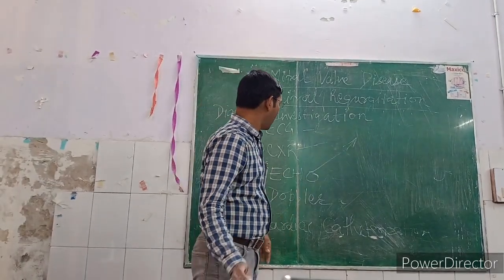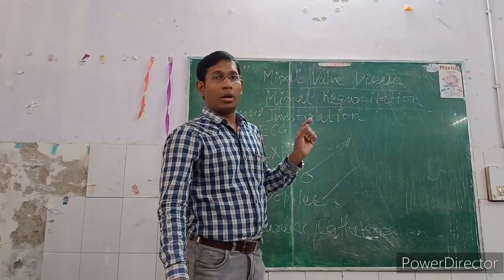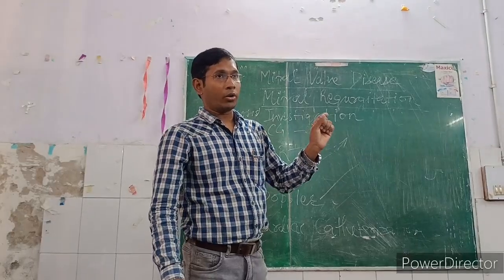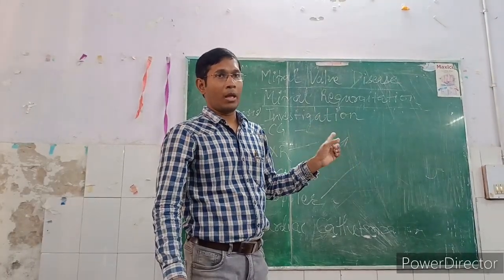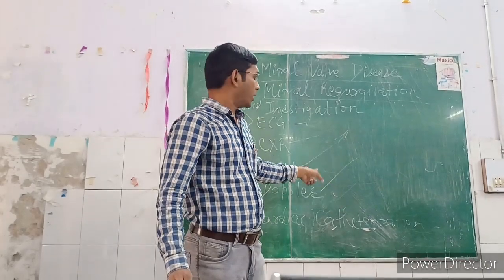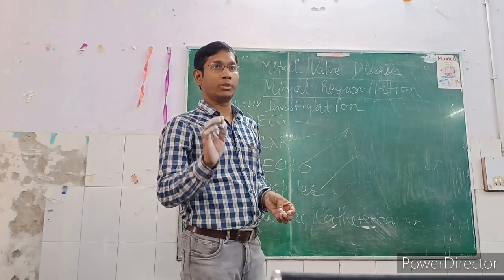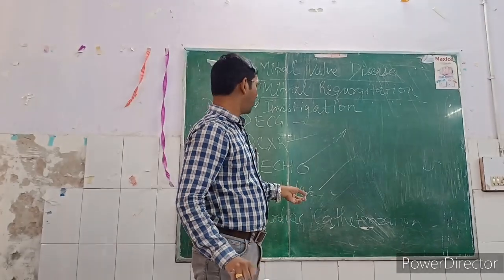And in Doppler, again, Doppler measures the pressure gradient across the mitral valve, pulmonary arterial pressure, and left ventricular function. These are the three things fundamentally looked at through Doppler.